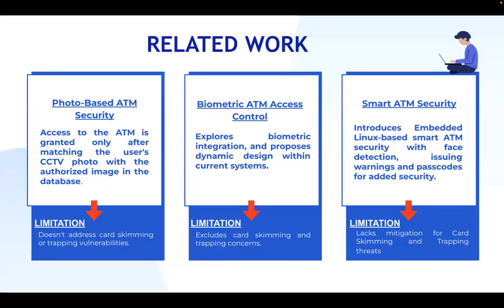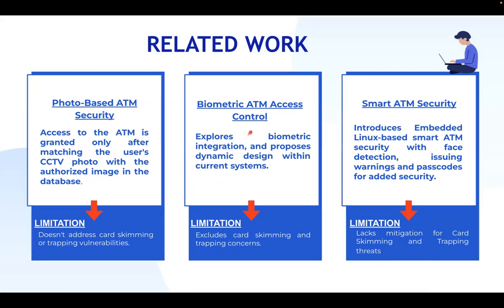When a user goes to the ATM and uses it, the image of that particular person is taken and is matched with the image of the authorized user that is stored in the database. If there's a mismatch between these two images, then an alert is sent to the authorized user. This is a very good approach, but it doesn't address the card skimming and trapping vulnerabilities.